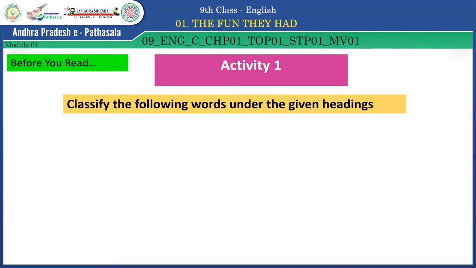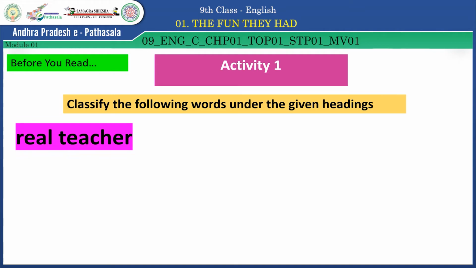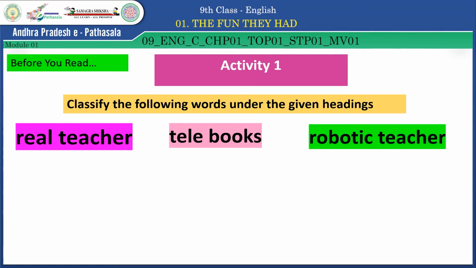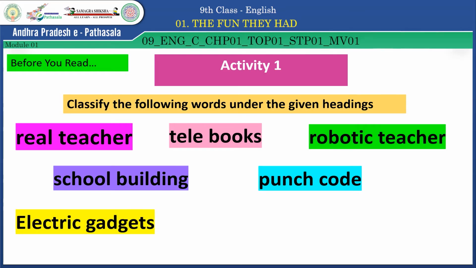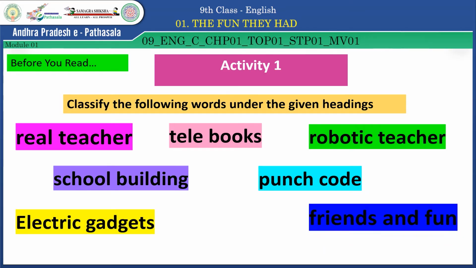Let us see the words: real teacher, telebooks, robotic teacher, school building, punch code, electric gadgets, friends, and fun. Let's classify these according to the old kind of school and the future kind of school.